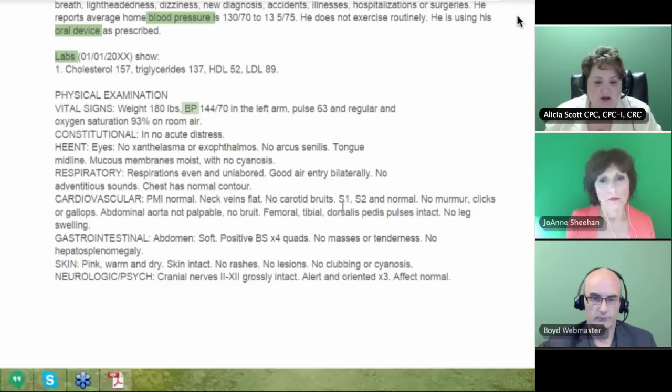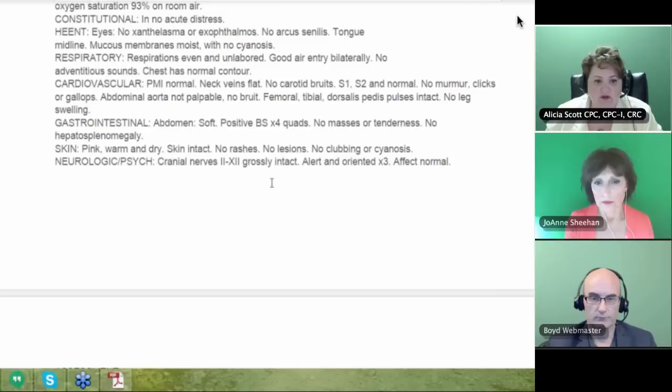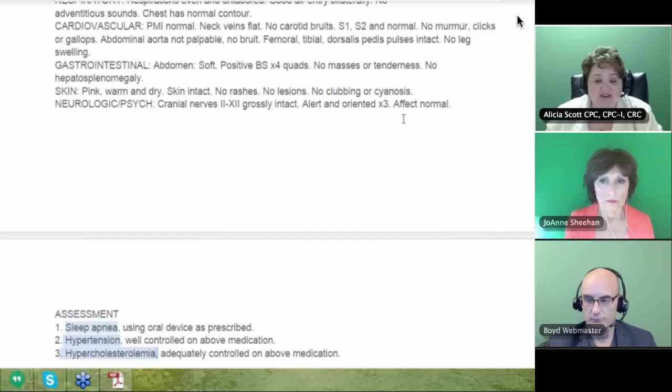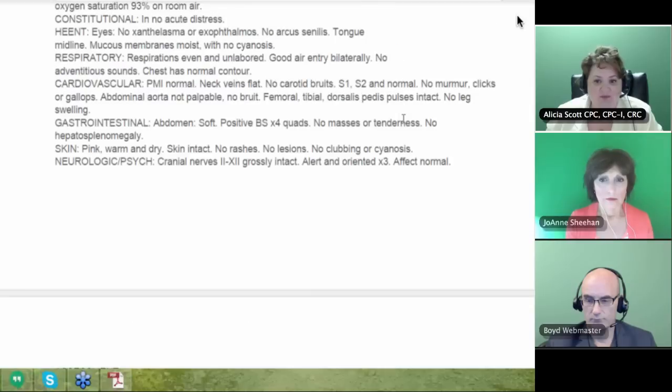That would indicate an issue with your blood pressure and stuff. So no murmurs, no clicks, no gallops. If you don't know what a murmur, a click, and a gallop sounds like, you can actually go to YouTube, and they have them, and you can hear them. It's really cool. Different type of breathing too.